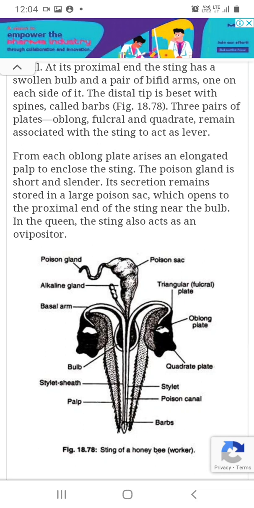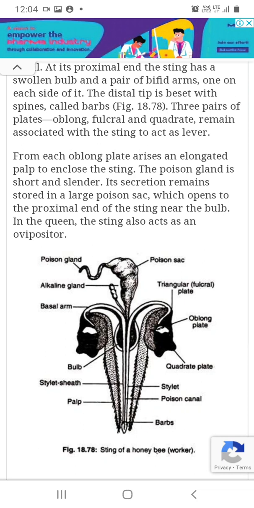There are three pairs of plates called the oblong plate, the triangular or fulcular plate, and the quadrate plate. These plates remain associated with the sting and act as a lever.